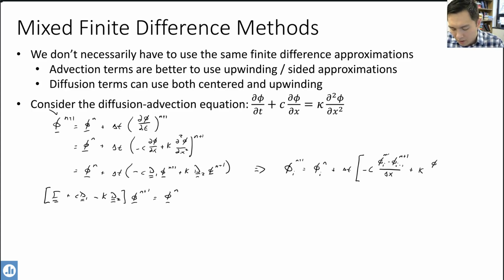So this would be phi i minus 1 minus 2 phi i plus phi i plus 1 all divided by delta x squared. And again, all of these are going to be evaluated at time index n plus 1. I should note I'm missing here my delta t's for both of these terms.